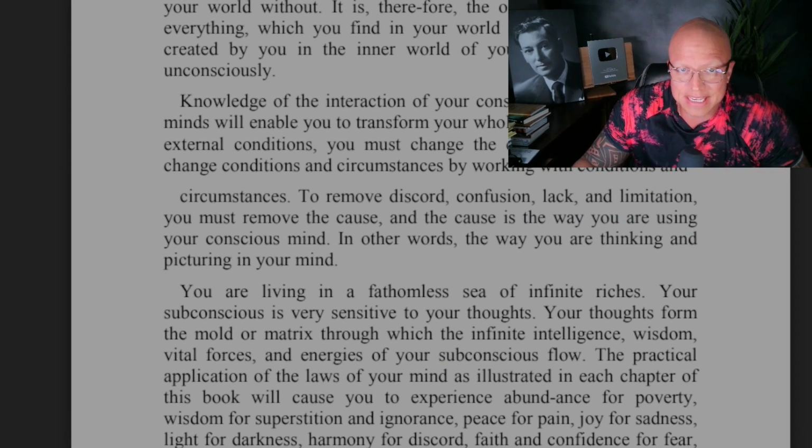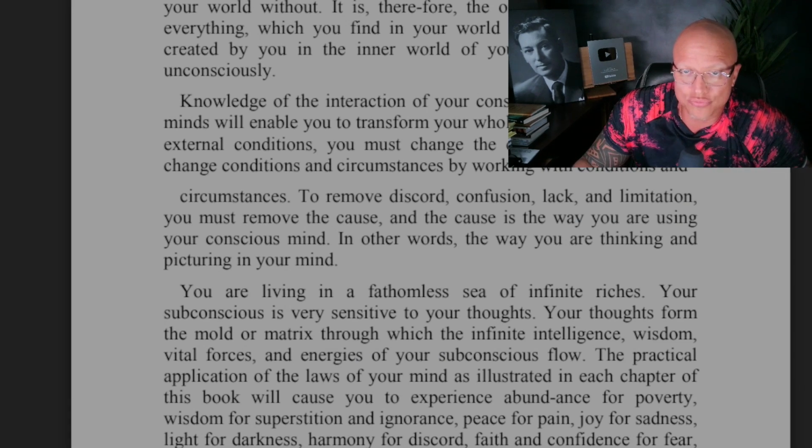You are living in a fathomless sea of infinite riches. Your subconscious is very sensitive to your thoughts. Your thoughts form the mold or matrix through which the infinite intelligence, wisdom, vital forces, and energies of your subconscious flow.